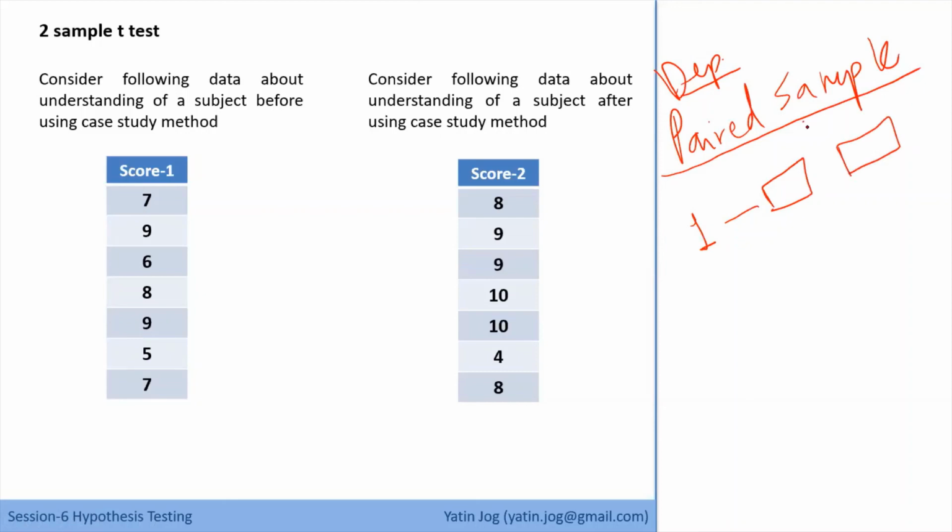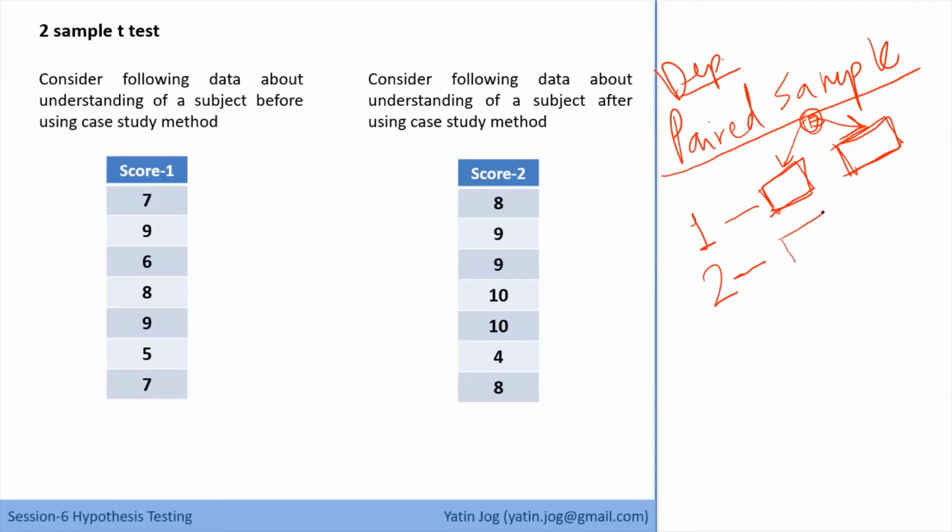One before something happens, and the second after some event happens. Before that event I get one observation, and after that event I get another observation, for the same object.